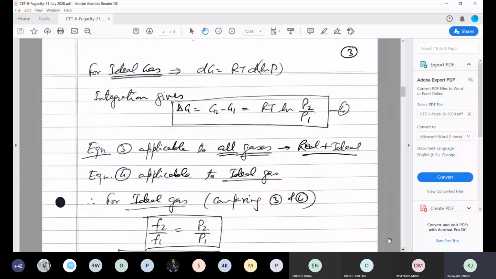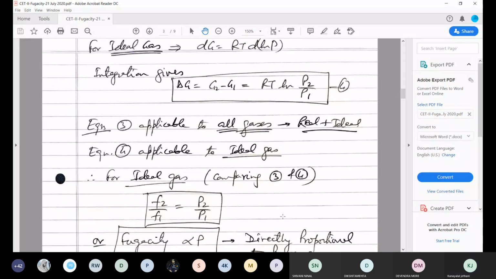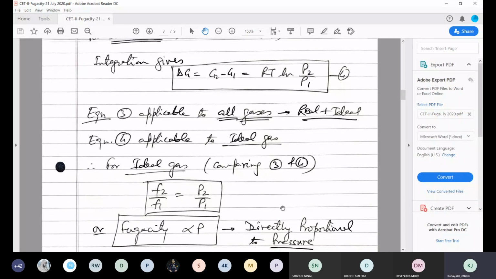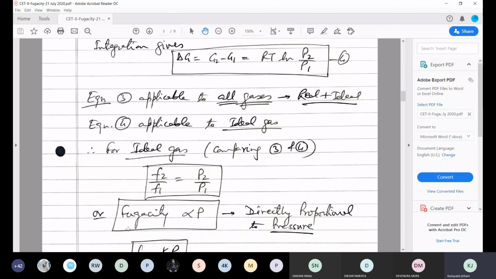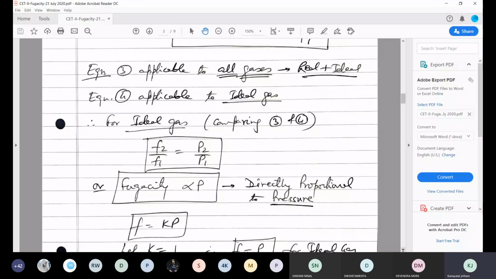Right? So if you compare equation 3 and 4, what you get is for ideal gases, F2/F1 is equal to P2/P1. That means fugacity is directly proportional to pressure. So now we have a way to find out fugacity for any gas, right? If you can measure the pressure, then we can find out the fugacity of any gas at any pressure. And that's how we go about it.